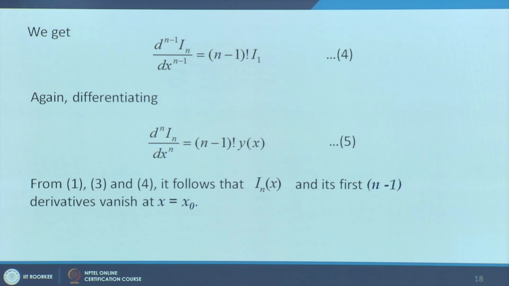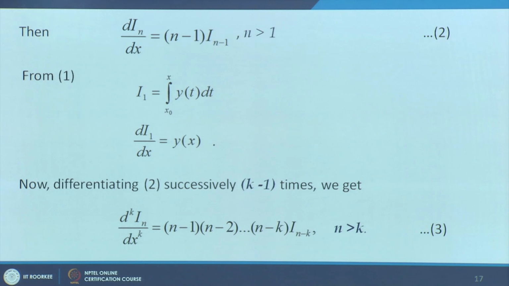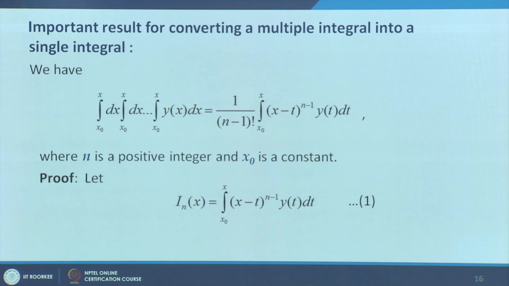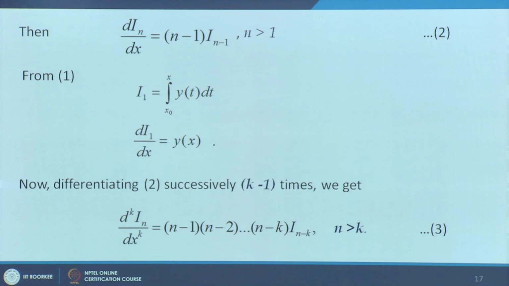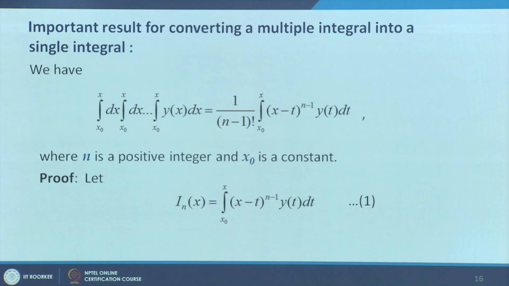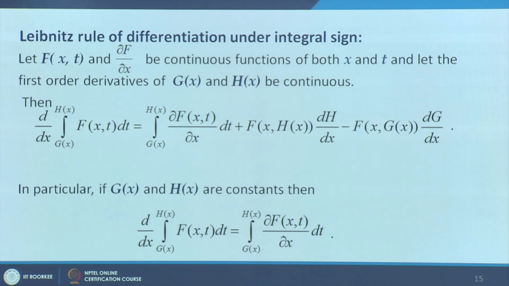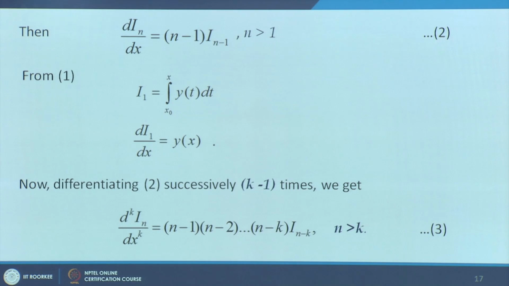Now, let us look at equations 1, 3 and 4. If you look at equation 1 here, when you put x equal to x naught, the limits of integration are the same, lower and upper limit. So, at x equal to x naught, I_n(x) is 0. And if you look at equation 3 here, this equation d^k I_n over dx^k is (n minus 1)(n minus 2)...(n minus k) I_(n minus k).